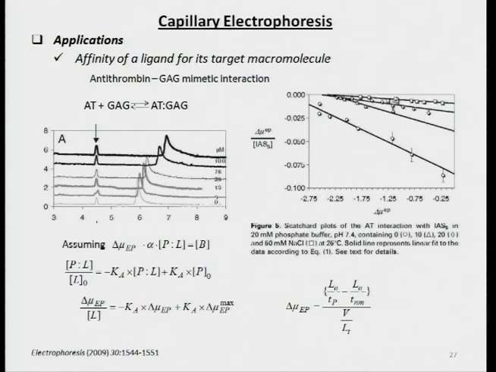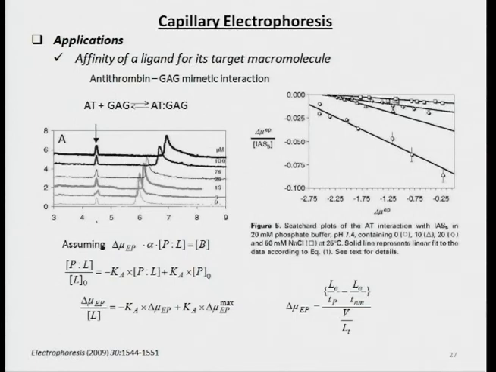CE is also very useful for measuring affinities, and this is what you do in terms of affinity. So here's the equilibrium that you're trying to measure. In this case, the antithrombin peak in CE was being monitored. The detector was set at antithrombin, so you're basically monitoring how much antithrombin is present.